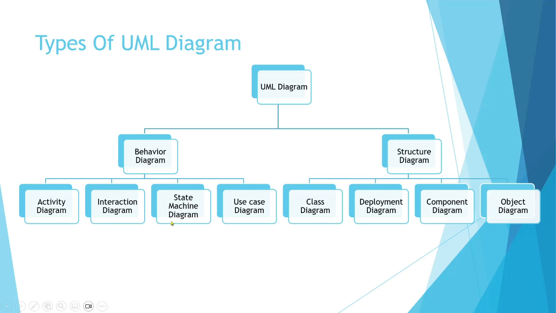It indicates the state of the system, in which state it is. Means for example, my car is right now in parking mode, the car is started or running, the car is off. In that it will show the state of the system. Again, the use case diagram means how to use that particular system. It shows the sequence of uses.